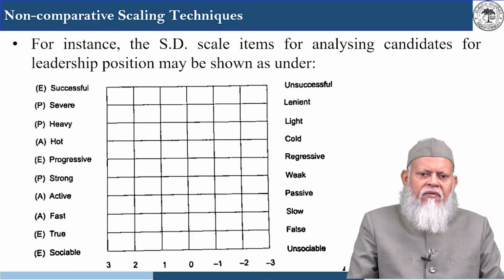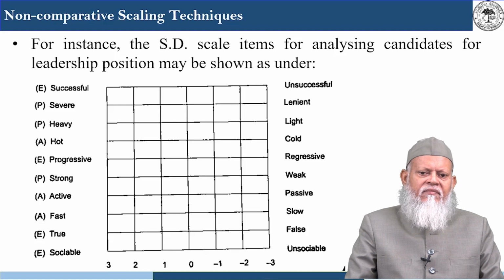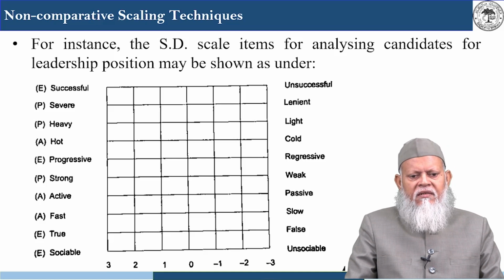Here is the table of the semantic differential scale. Here the following stimuli have been given from one end to the other. It is a 5-point scale.